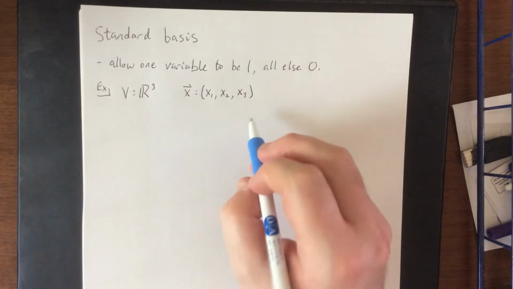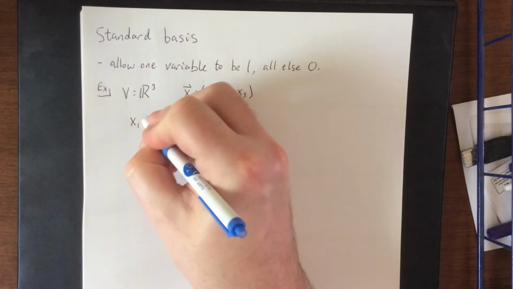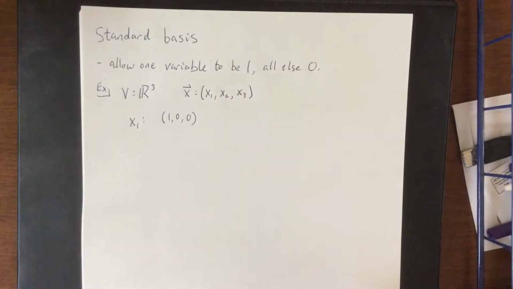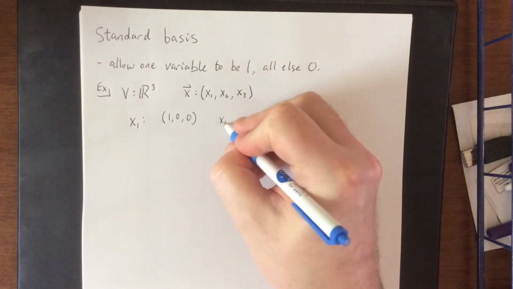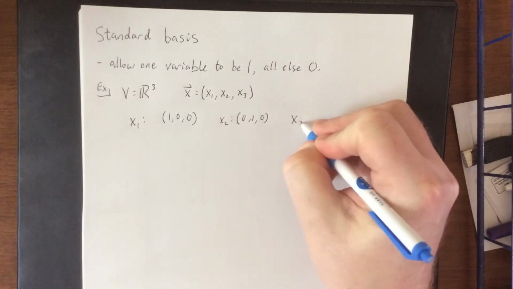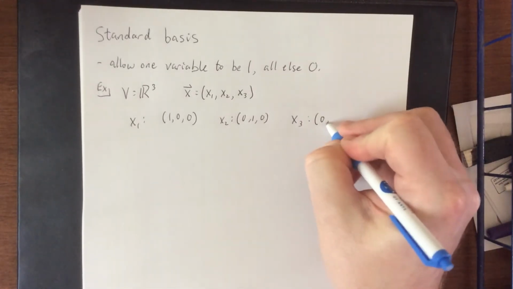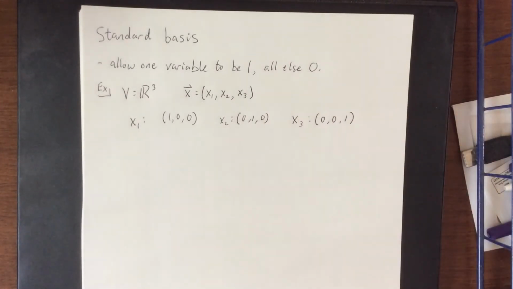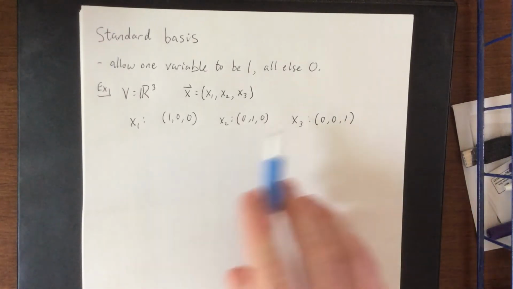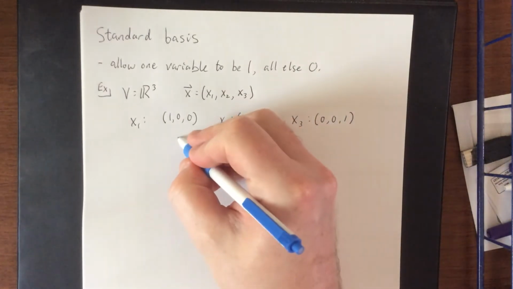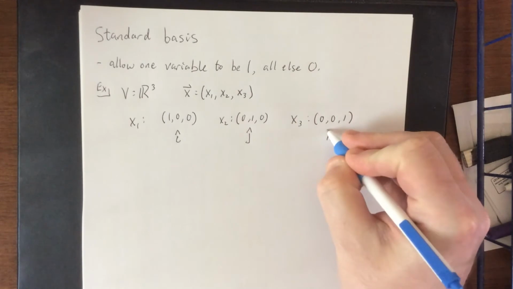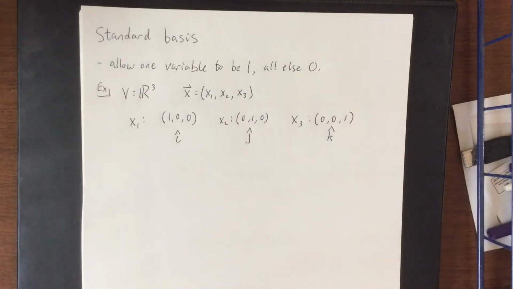So if we allow one of them to be 1 and everything else to be 0, we would wind up with one vector being 1, 0, 0, a second vector being 0, 1, 0, and a third vector being 0, 0, 1. In fact, these are so frequently used as standard basis vectors that they get special representations that are known as i hat, j hat, and k hat.